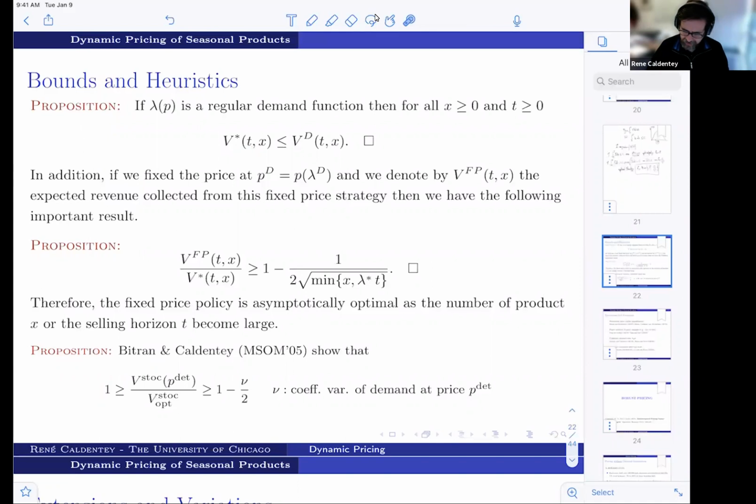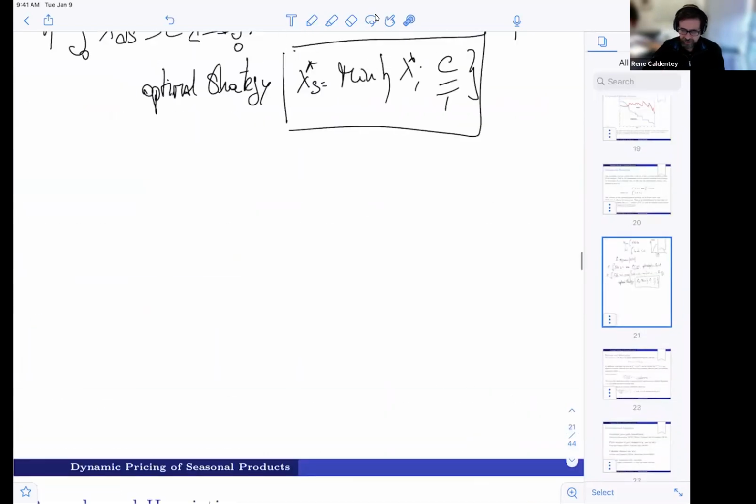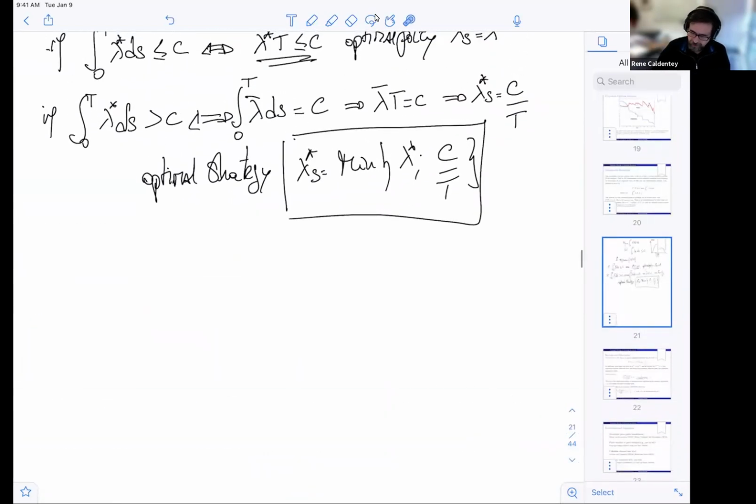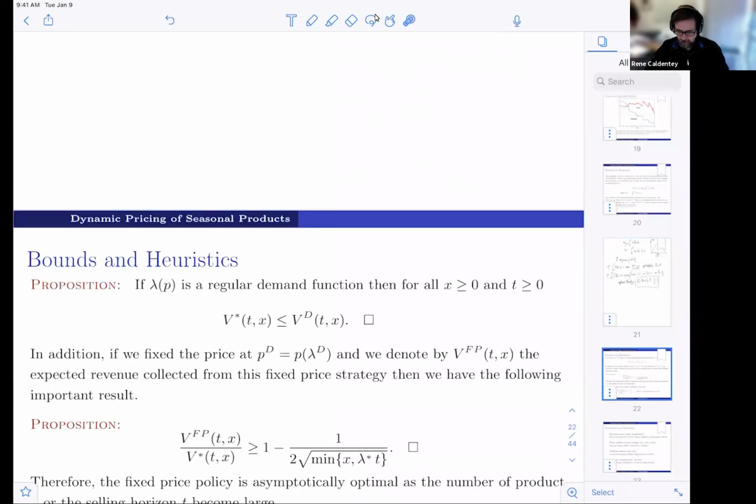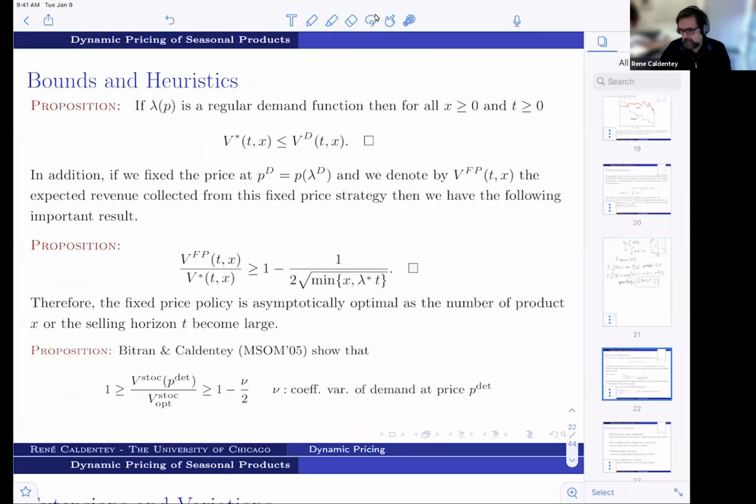Now, the second thing that they show is that if you take that policy that I was showing you, that uses this minimum, and you implement that policy, it will generate a value, the value of that policy.